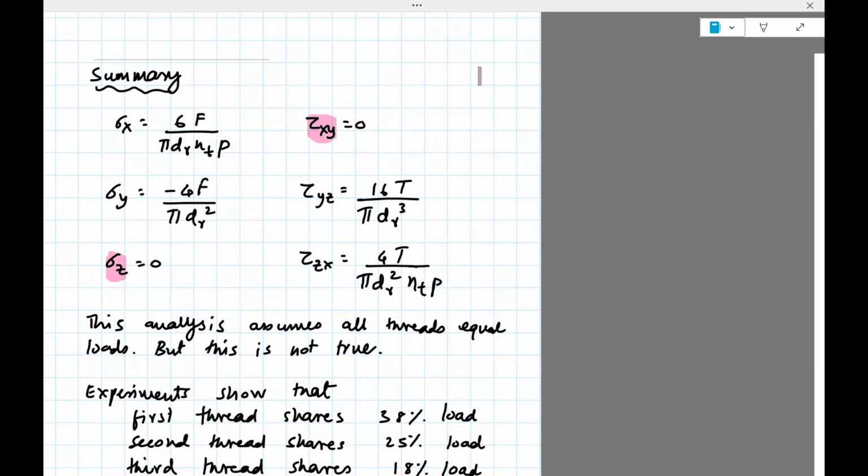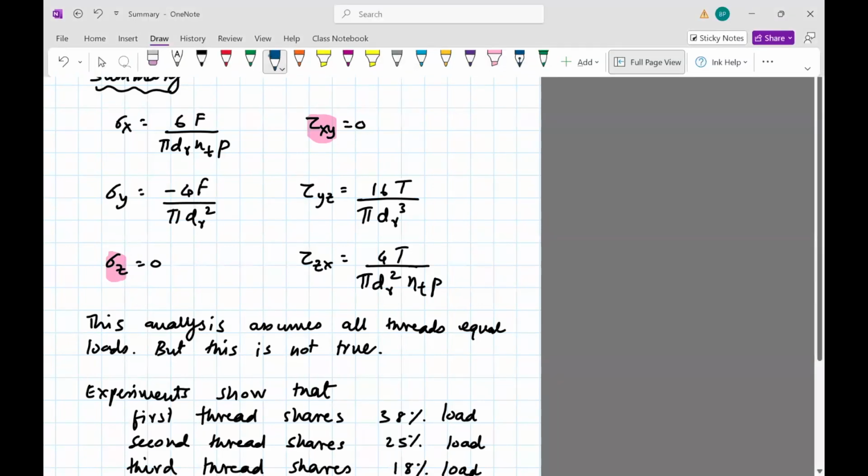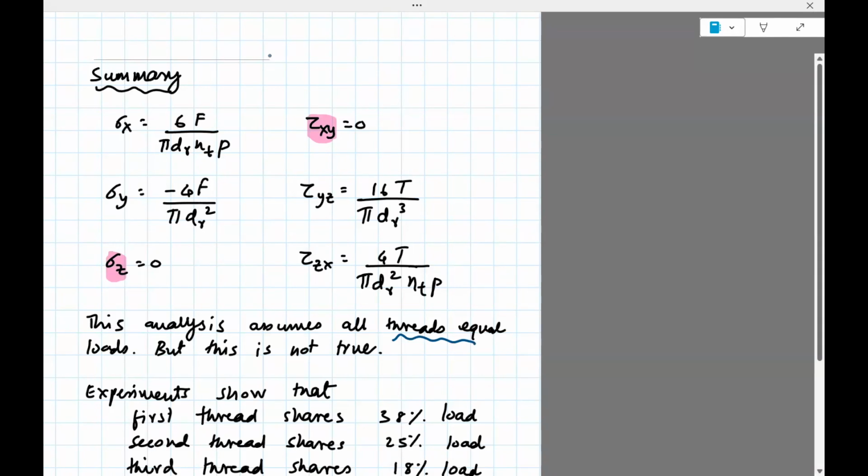We assume that all threads carry equal load. So what that means is when you have a screw and just draw the threads.